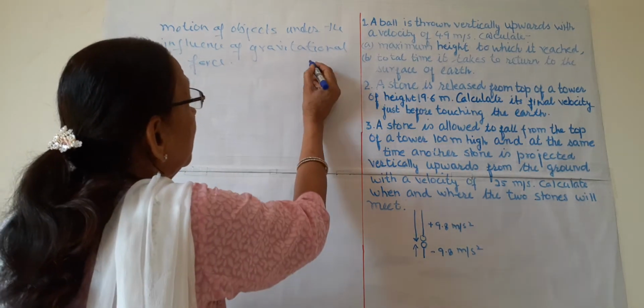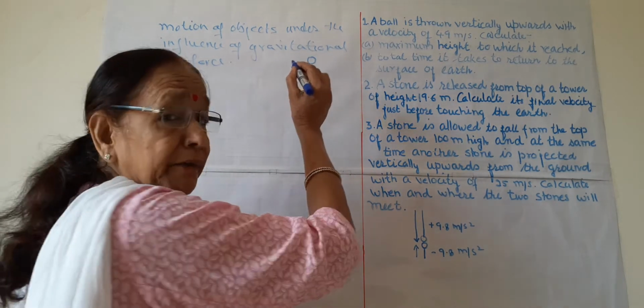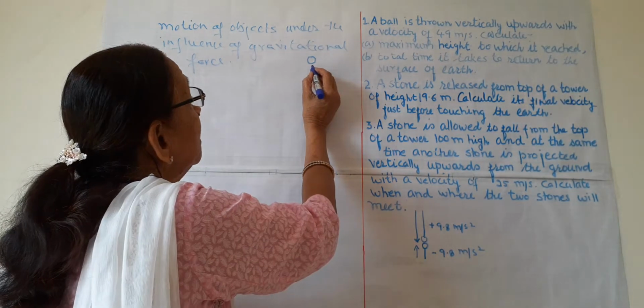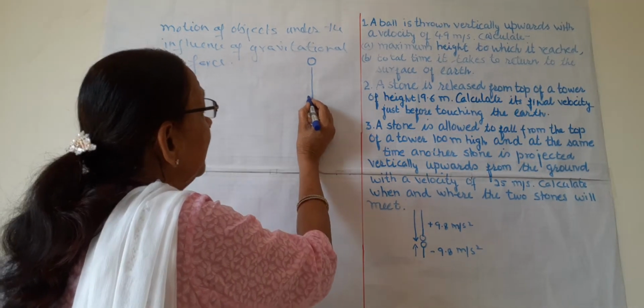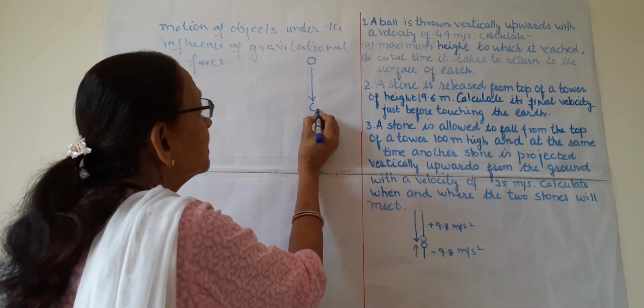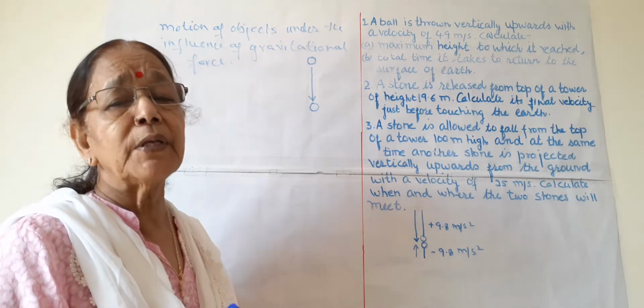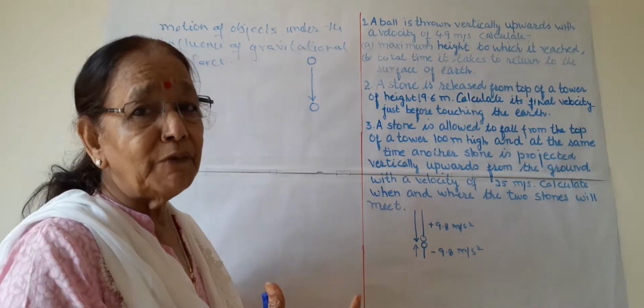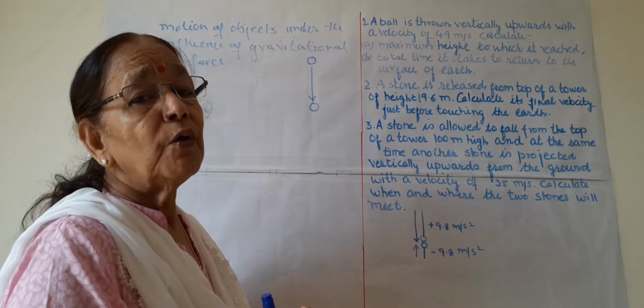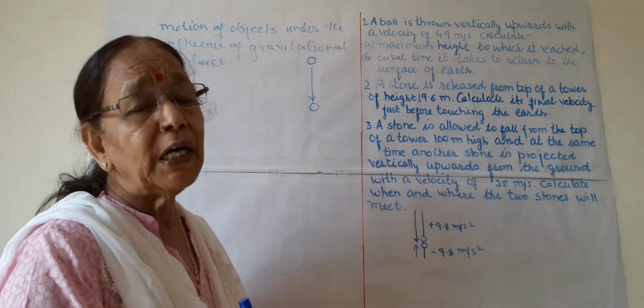We know that each and every object on the earth comes down towards the earth under the influence of gravitational force, or due to the force of gravitation of earth.